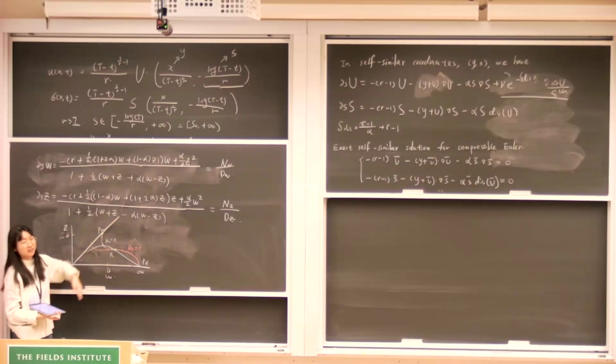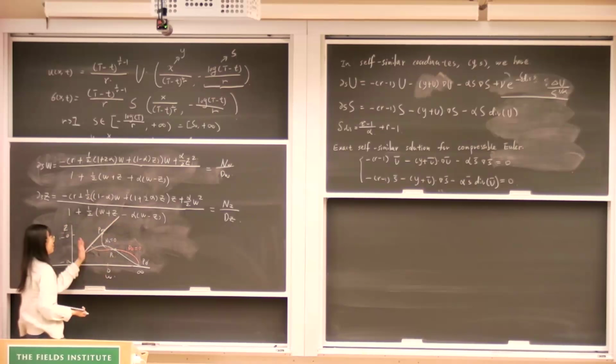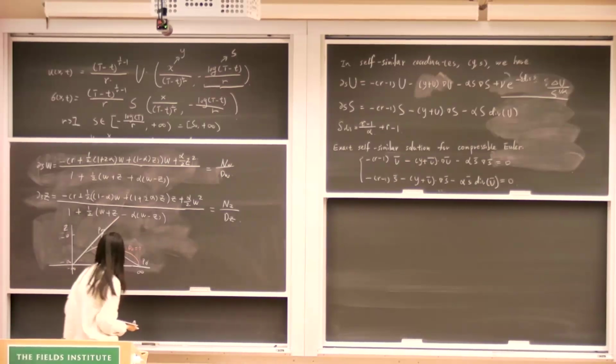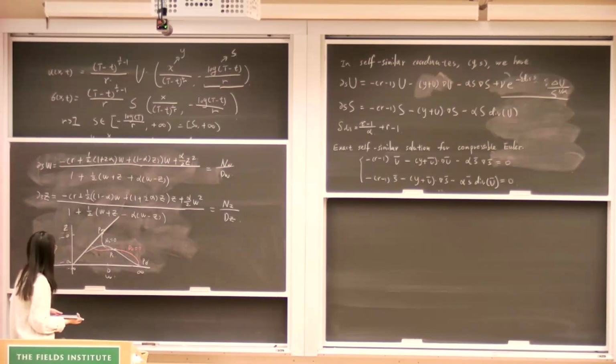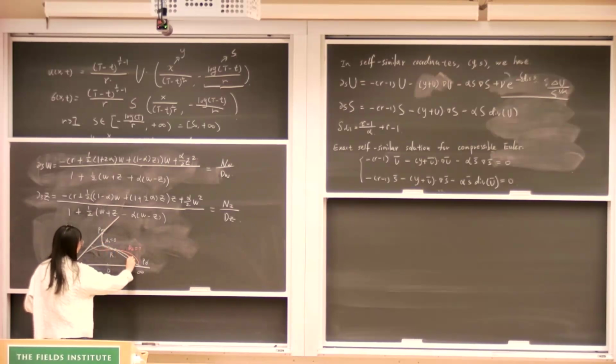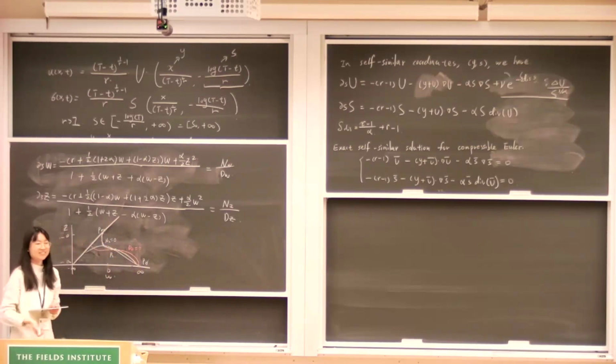So you're always below here. But if you write U and S, it will be the whole plane. And the white curve, I just want to show that the solution will almost look like that.